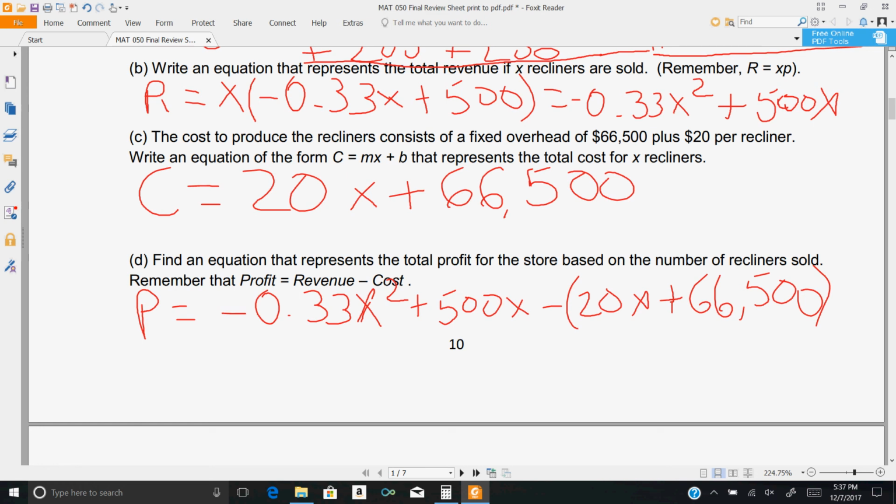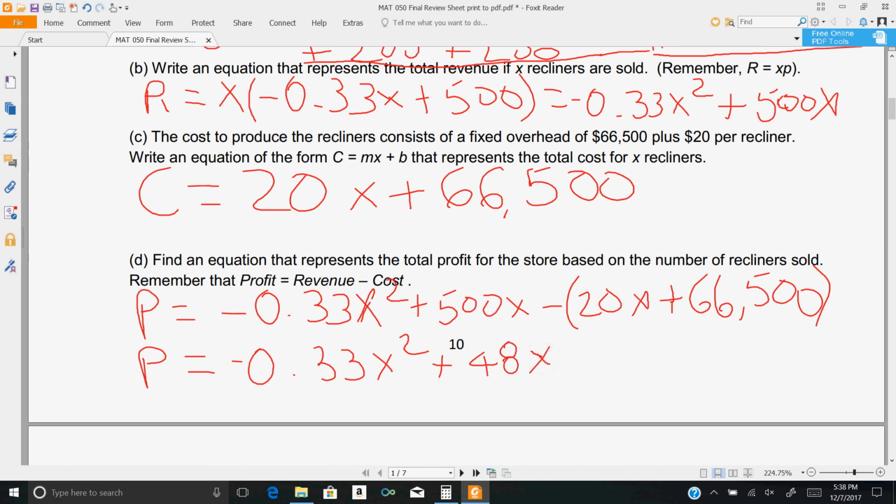And now I'm going to subtract those two polynomials. It doesn't really say I have to, but I'm going to do it just to make it look pretty. Minus 0.33x squared. 500 x's, I'm going to subtract 20 x's. I get plus 480x.